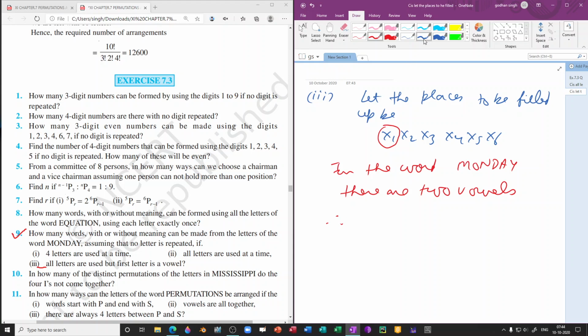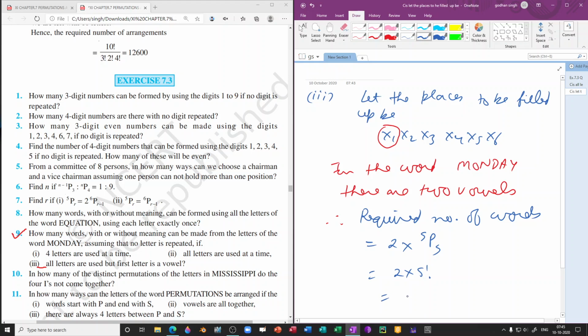Therefore, required number of words is equal to, first of all we will fill x1, that can be filled up in two ways, into, now we are having 5 places to be filled up, and there are also 5 letters, so 2 into 5p5, and that is equal to 2 into 5 factorial, and we know that 5 factorial is equal to 120. Or you can just calculate it, 2 into 5 into 4 into 3 into 2 into 1.